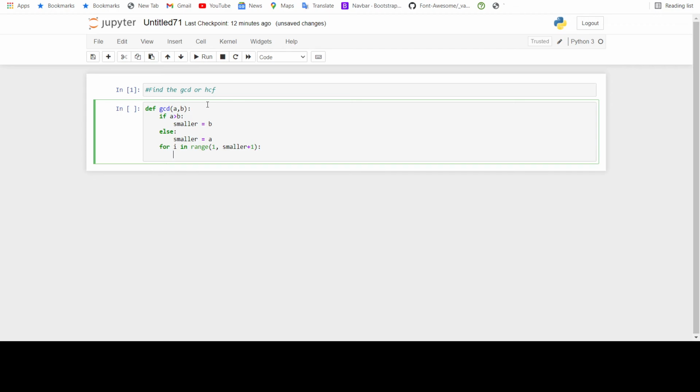Next, the condition is that the number should divide both the numbers. If I take 10 and 20, it should be divided by 10 and also by 20.